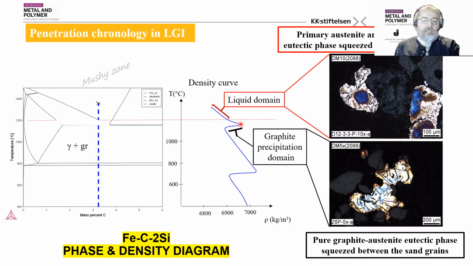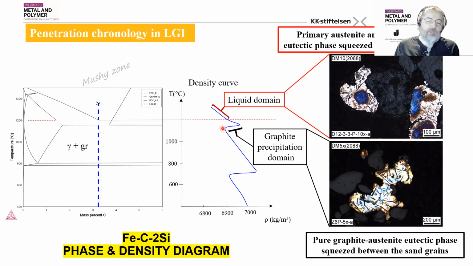And this happens until the temperature and the composition reach the eutectic temperature and eutectic composition, when the carbon precipitates and forms graphite, and due to the graphite formation, which is a light phase, the density of the composite of the cast iron will decrease until the eutectic solidification ended.